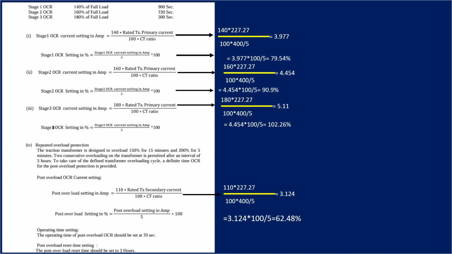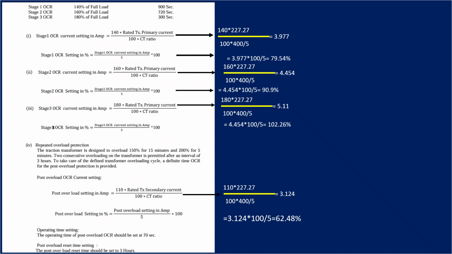overload current setting. For the HV side, the setting is 140% for 900 seconds, 160% for 720 seconds, and 180% for 300 seconds. So, how to calculate it? Simply 140% of the transformer primary rated current.